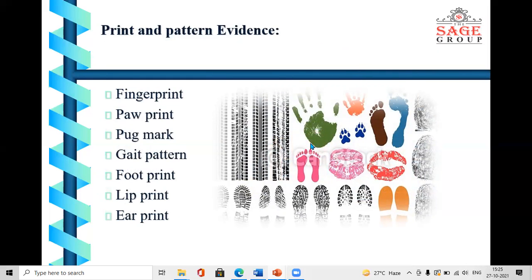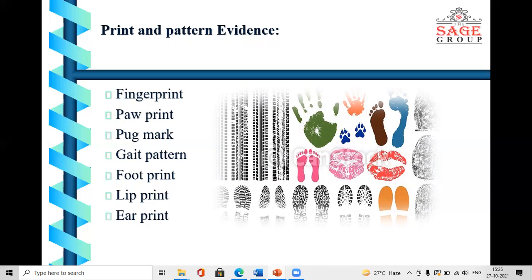Print and pattern evidences, as you know, are fingerprints, paw prints, pug marks, gait pattern, footprints, lip prints, ear prints. They are the main print and pattern evidences. How are they helpful? Because they vary from person to person; every person in this universe does not have identical patterns.